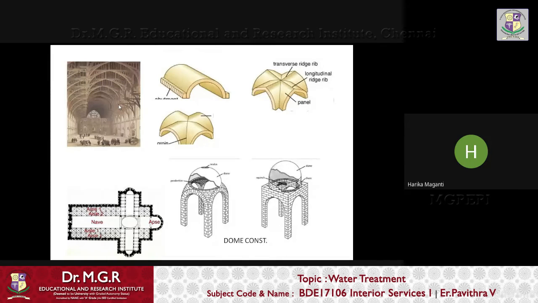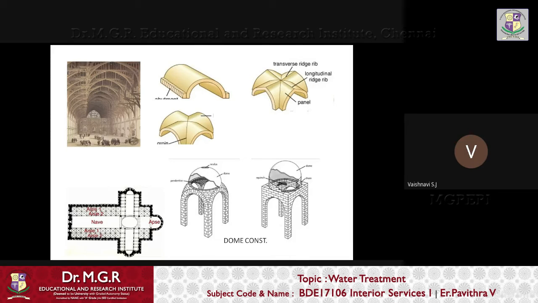Harika, ma'am. Then next one, rib vault. Harika again. Yes, ma'am. Okay. So what is this kind of plan called? Basilica. Shiny, yes ma'am. Very good. 1 mark.